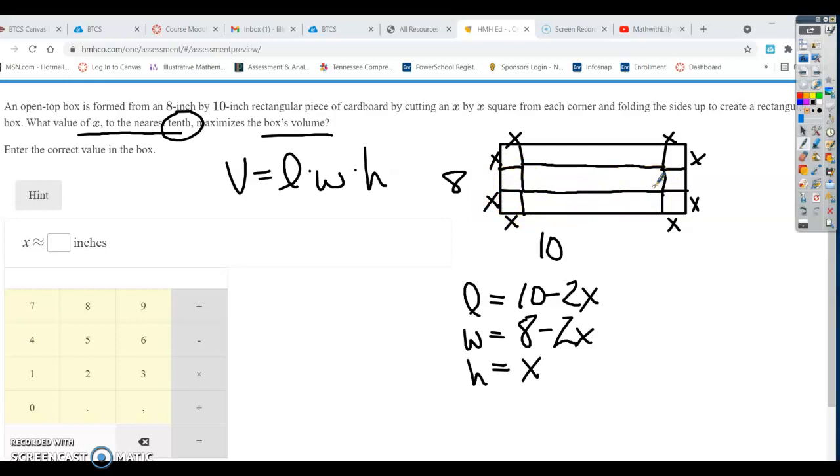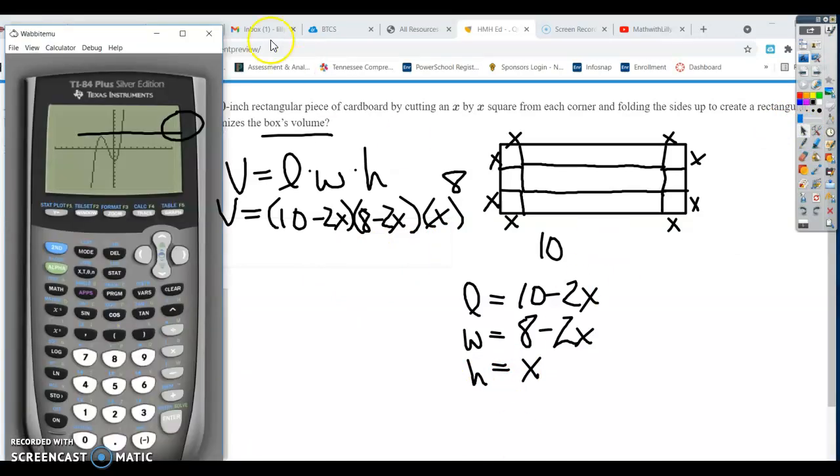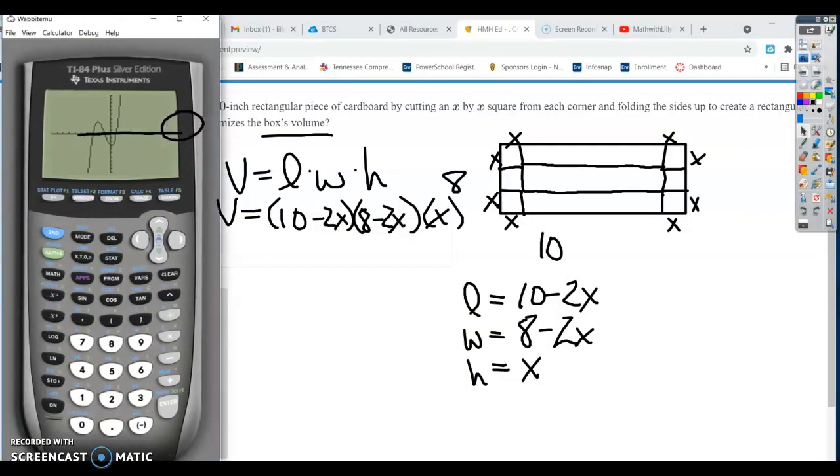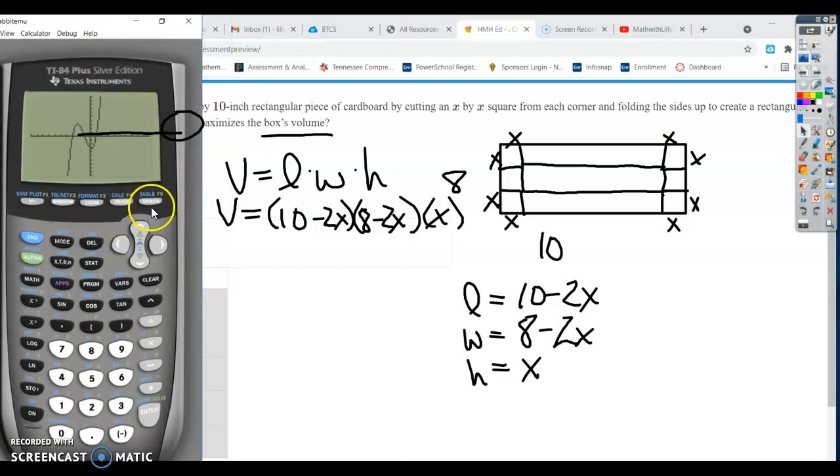So in order to find the answer here, you're going to just substitute this in. So we're going to have 10 minus 2x, 8 minus 2x times x. And we can do this very quickly, hopefully very quickly, using our calculator. So let's go back to our graphing calculator here. Don't know where a good spot to put it is where we can see it, but let's try over here.